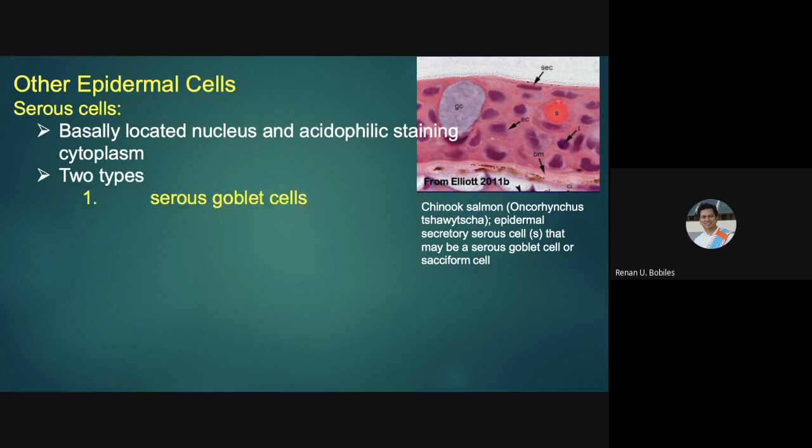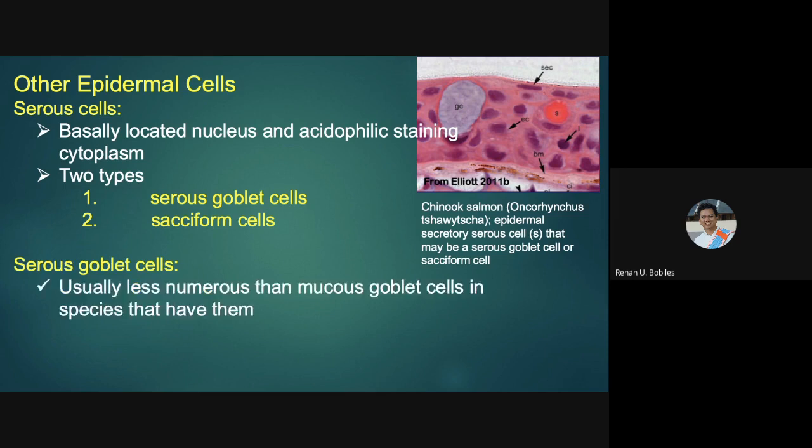We have the serous goblet cells, which are reported in some bony fishes. Okay? The second one is the sacciform cells. So what are serous goblet cells?